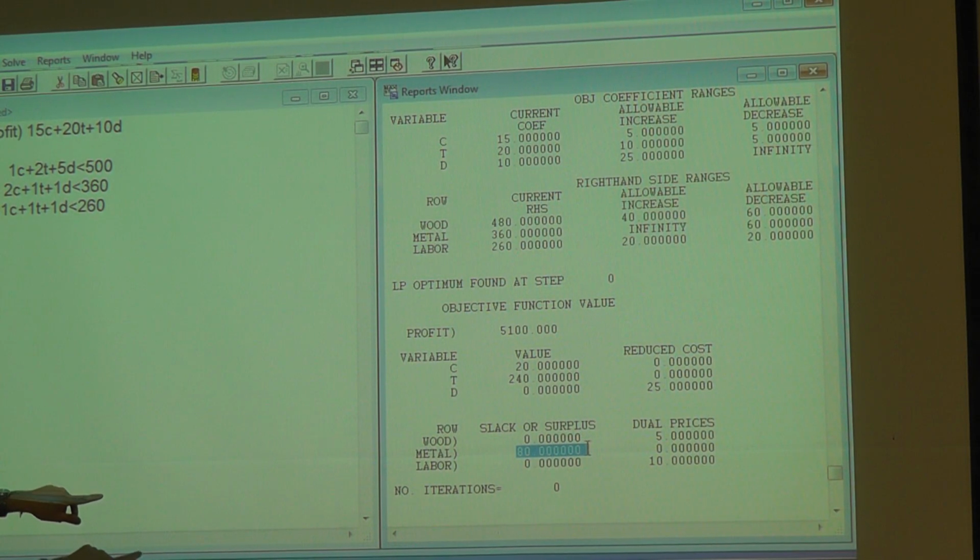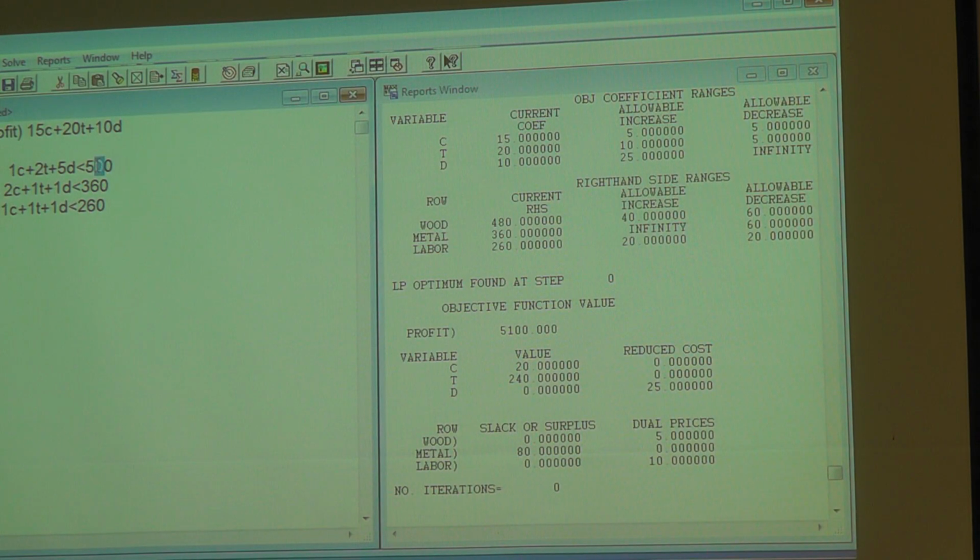We have more slack metal, less chairs, the same number of tables for some reason. But the actual basis, that you don't produce any doors, you use up all the wood and you use up all the labor, did not change.